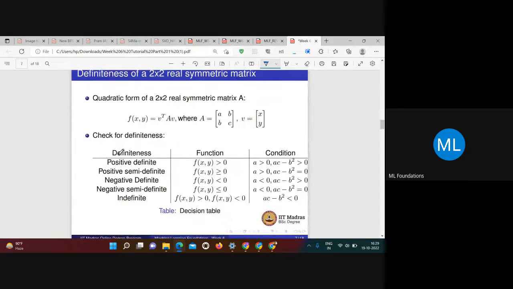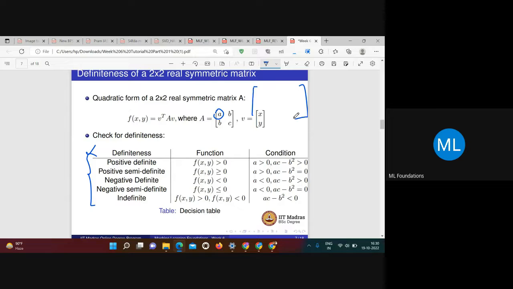But if you are getting more than 2 cross 2, then it becomes very difficult to calculate with this approach. For 2 cross 2, you can directly say if A is positive and the determinant is positive. This can be useful for 3 cross 3 matrices also.